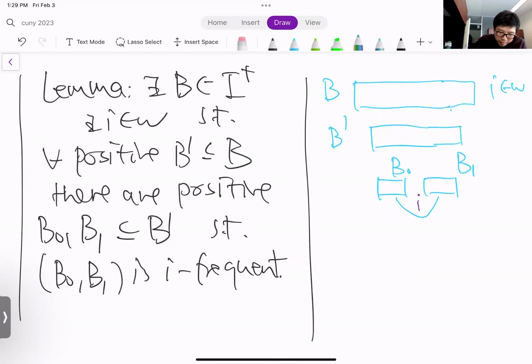So the proof of this lemma is by the usual exhaustion argument. We have to use two things. We have to use the fact that this ideal is sigma complete, but we also have to use that it has a sigma closed dense subset. Imagine how you would prove this lemma. You would say, suppose this is not true.